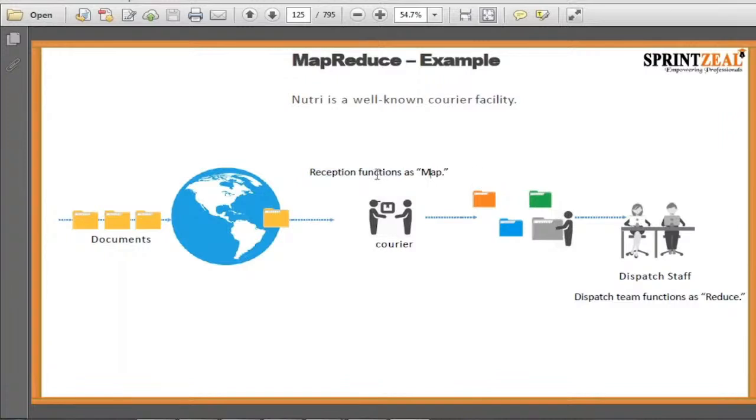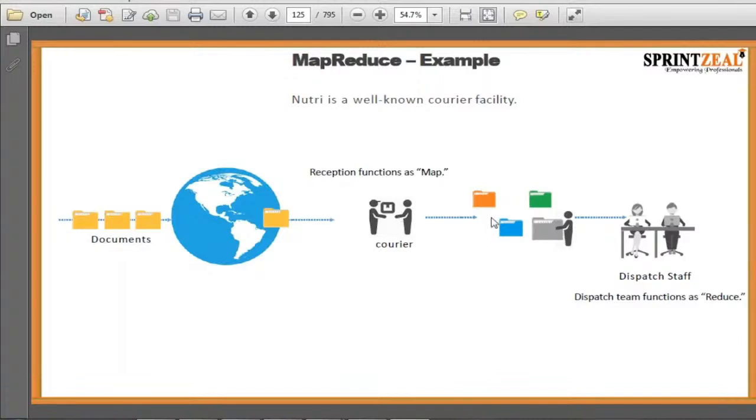So let's say there's an international courier company which gets documents from all across the globe. All the documents which have to be sent to India, they will put in a bucket which has to go to India. All the ones which have to go to the US, they will put in the US bucket, right? And then all the documents which need to go to Africa, they will put in the Africa bucket.